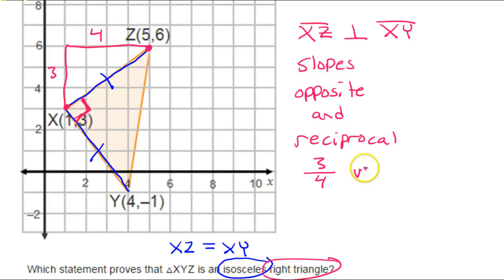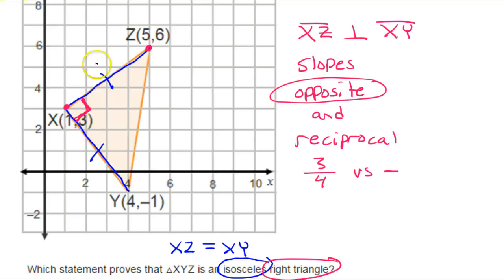Now let's compare that to the slope of XY. The fact that it's going downhill from left to right automatically tells me that it's going to be negative. So they are opposite in sign. That part is good. One is going uphill, one is going downhill, so the first one's positive, the second one is negative.